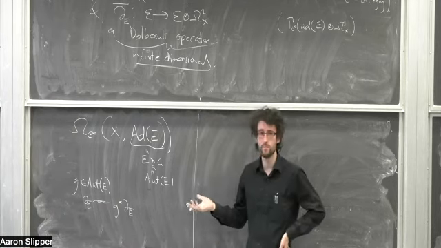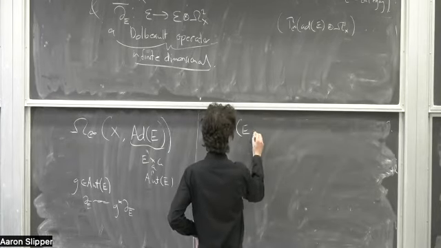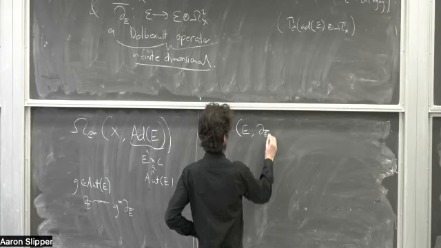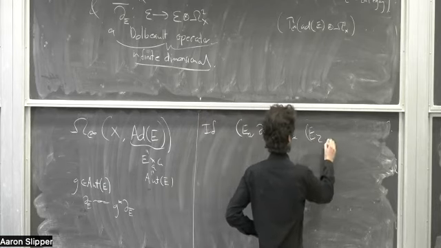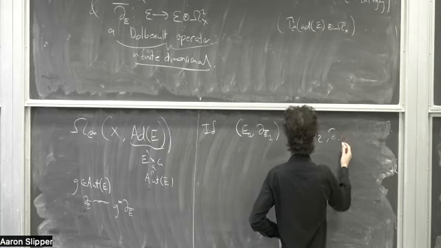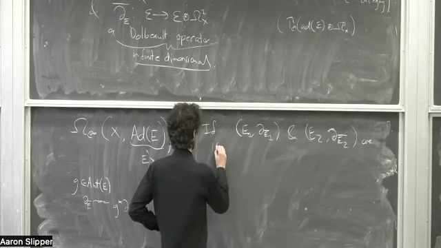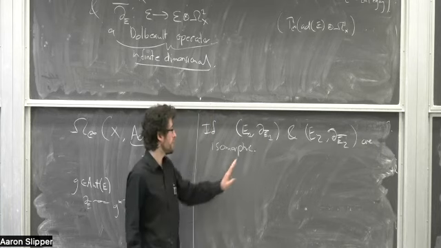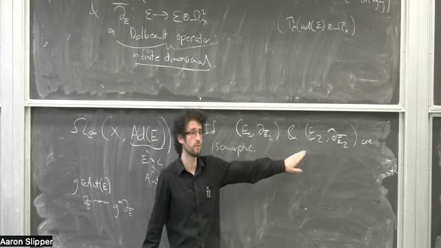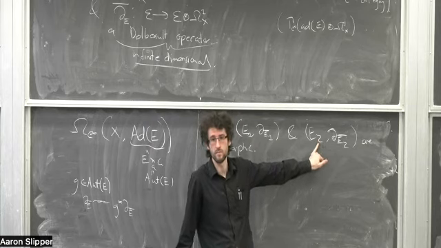And conversely, if I have E1 and E2 that are isomorphic, well, firstly, we can use that to rewrite the E2 as E1.